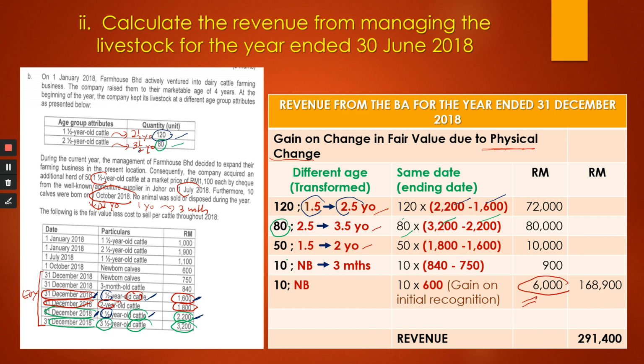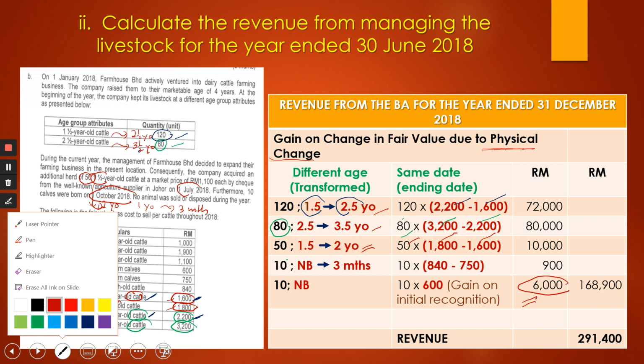So these two prices, this and this. You have 1,008 at the end of the year when it reaches 2 years old versus 1,006, which is the price of 1.5-year-old as at 31st of December as well. So multiply with 50. 50 is this one. So done. Now we go to the next one.